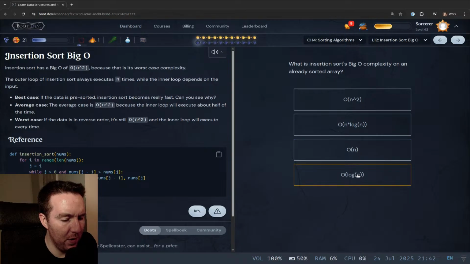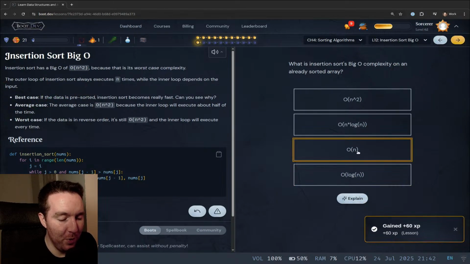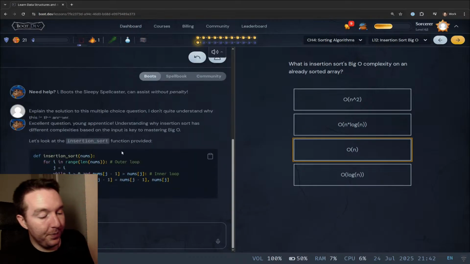No, it's got to be something, hasn't it? N log n. No, log n. N. Crap. I should have gone with my gut, because basically it's constant time, right? Because it only needs to go through things once. That's how Boots explains it. Let's see if that's why.